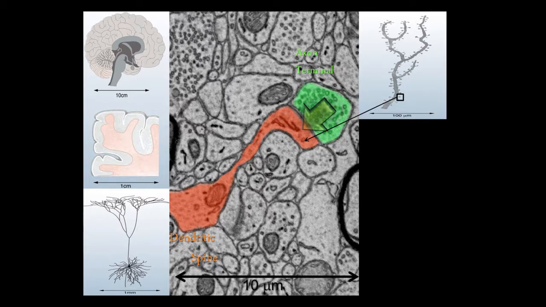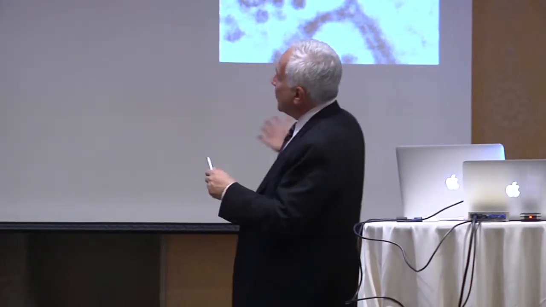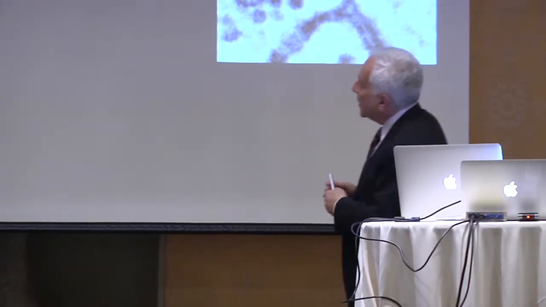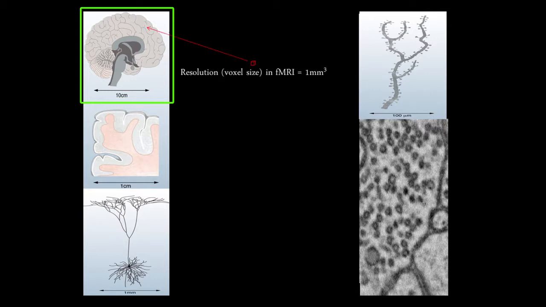So let's just pause for a moment and see why this is a problem, this multi-scale information. If you want to understand a brain at this level and use the highest resolution techniques that allow you to see different parts of the brain that are active at different times, this is a technique called functional magnetic resonance imaging, and it has a resolution of about a cubic millimeter.